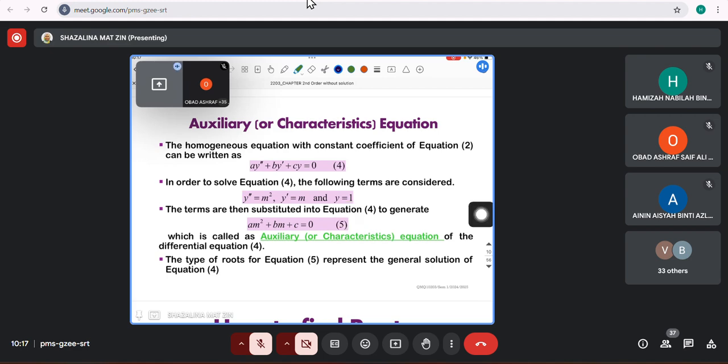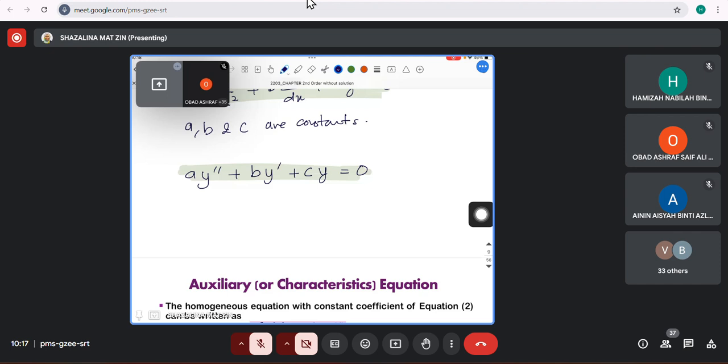When we substitute y double prime as m squared, it becomes a m squared, plus b y prime as m, so this becomes b m, plus c y as 1 equals 0. But we don't write it as c times 1, it's just c, because we don't write the 1.